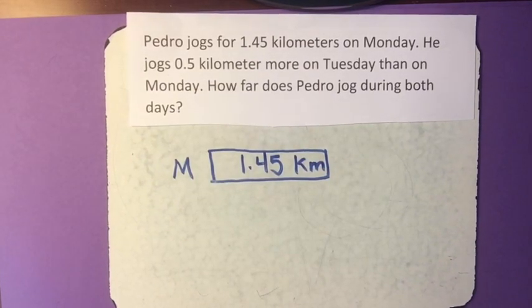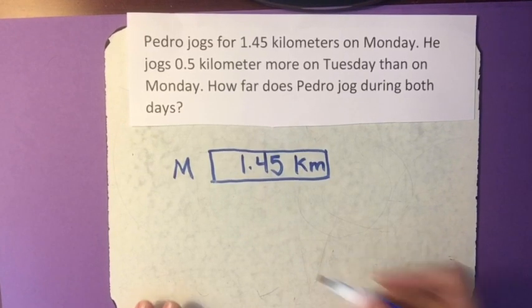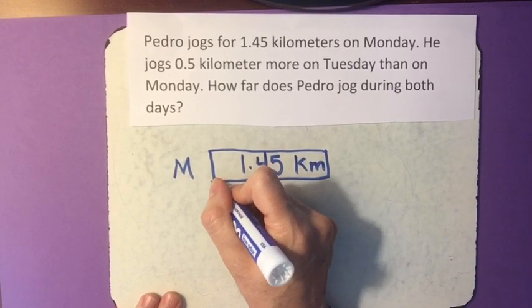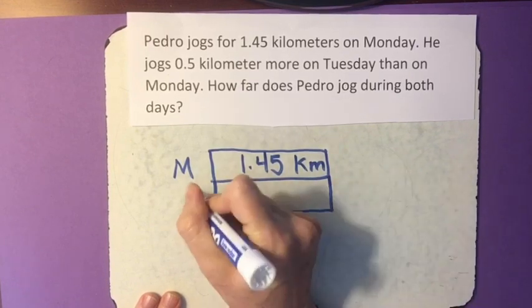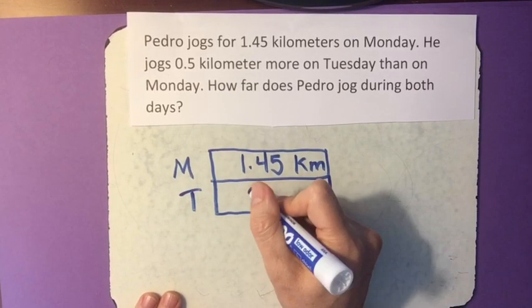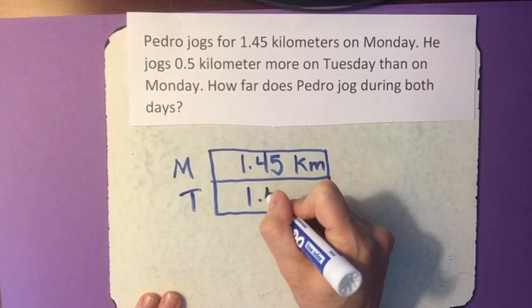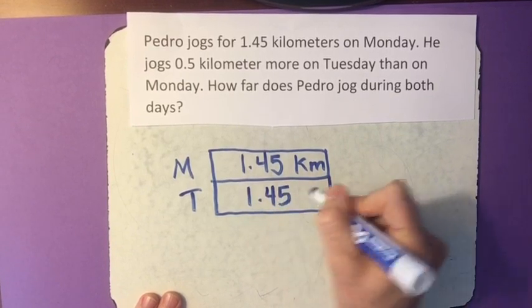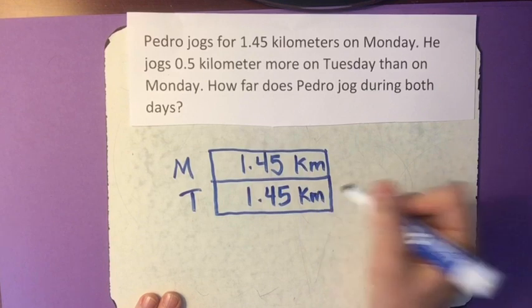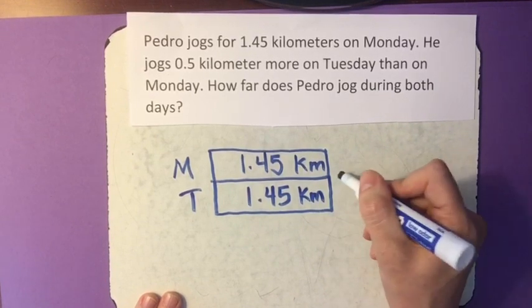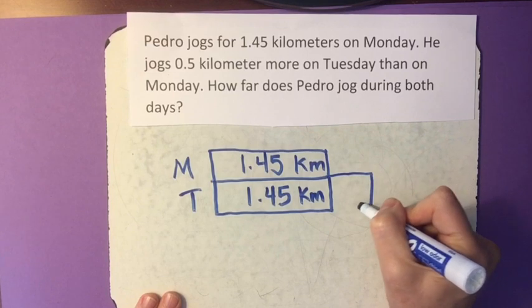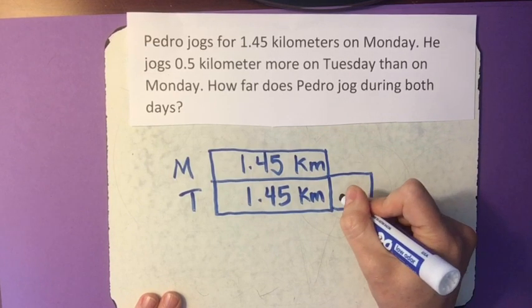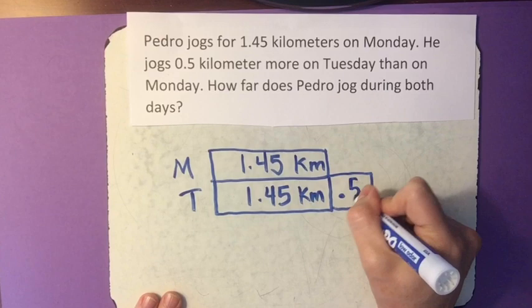But if you do that, you're not reading it clearly, because what the question is saying is, okay, on Tuesday, put a T there, he jogs 1 45 hundredths of a kilometer, but he goes 5/10 of a kilometer beyond, right?